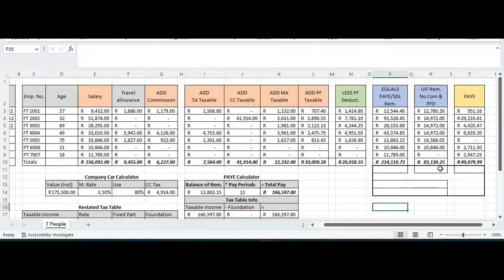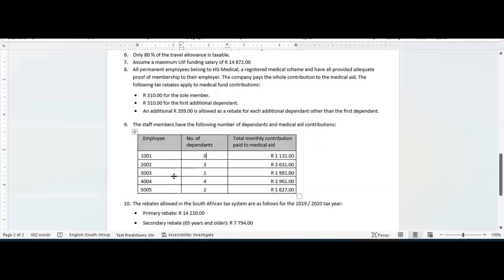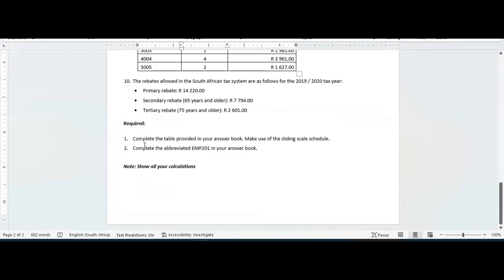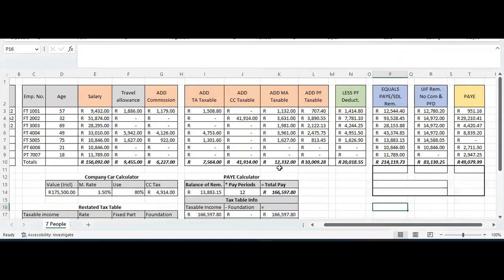Now that we've done all the calculations and we added all the columns, it seems like we are done, but remember, we are not done because they told us that we must also complete the abbreviated EMP 201. So let's continue.